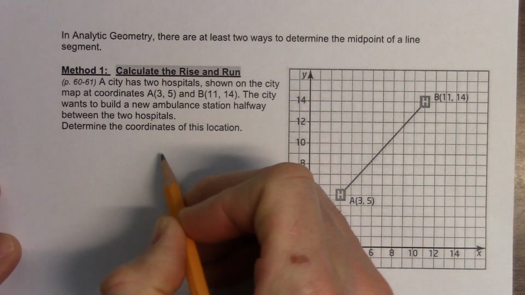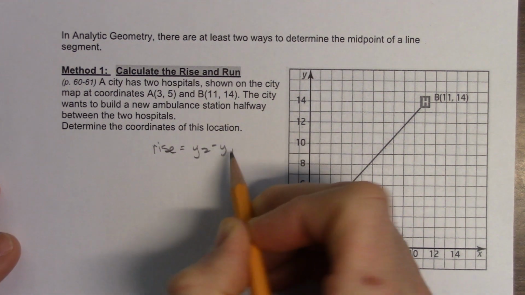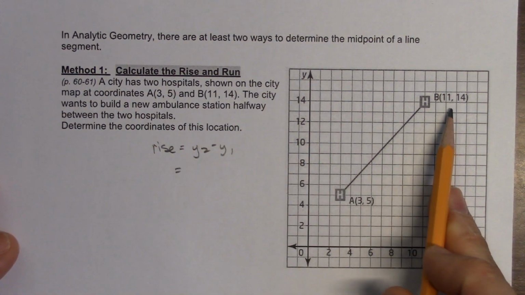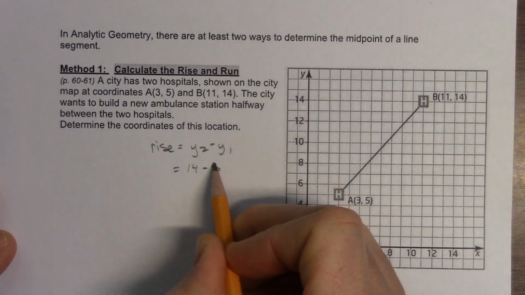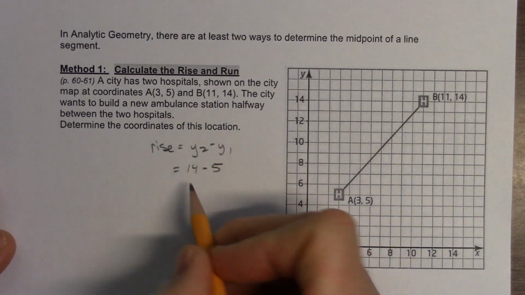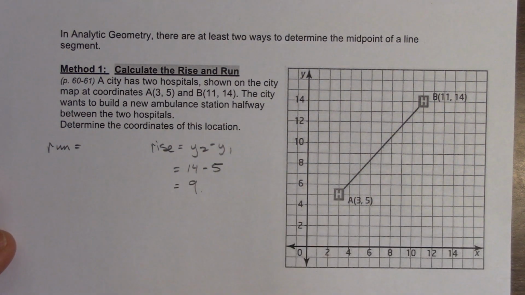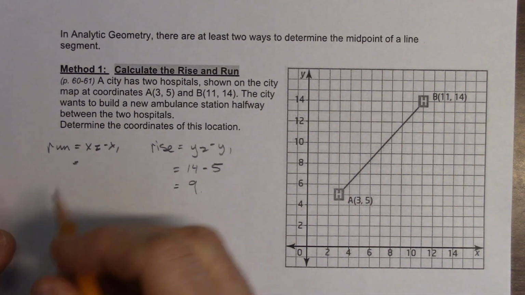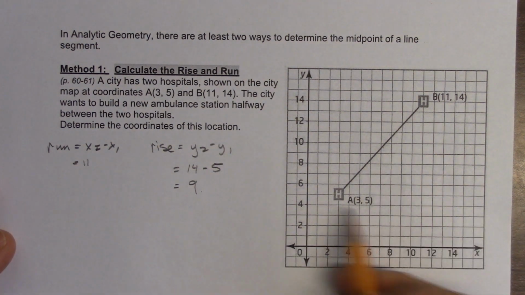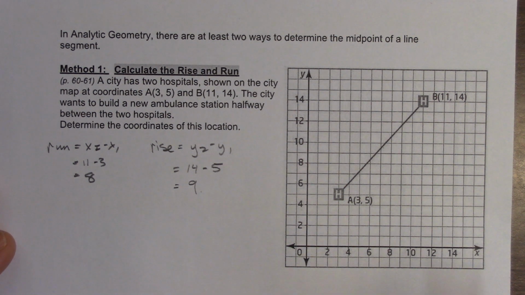So the rise is y2 minus y1, which is going to take these values here. So 14 minus 5 is 9, and the run is x2 minus x1. So it's 11 here, minus 3. So we have the run of 8 and the rise of 9.